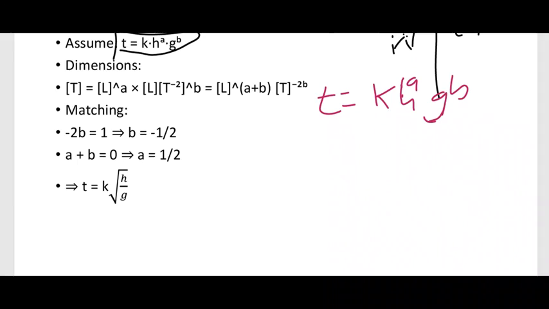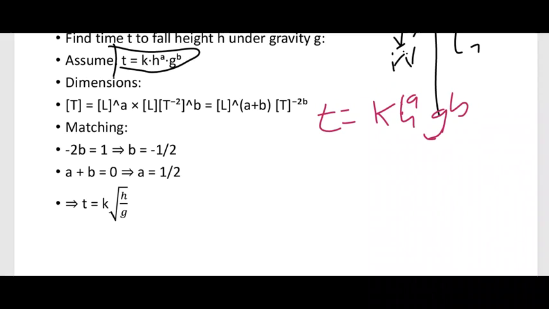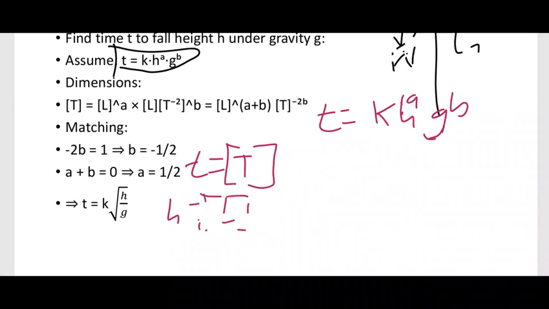We want to derive this equation, so from it we can come up with some dimensions. In short, we want to find the values of a and b, so that when we substitute, we get what we want. The dimension for t is capital T, and h is actually length.